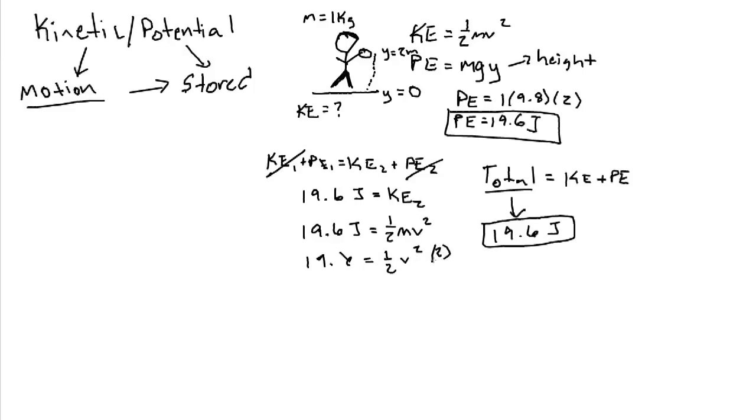I multiply both sides by 2 to cancel the 1/2. 2 times 19.6 is 39.2, so that would be v squared. Lastly, I would take the square root of both sides.